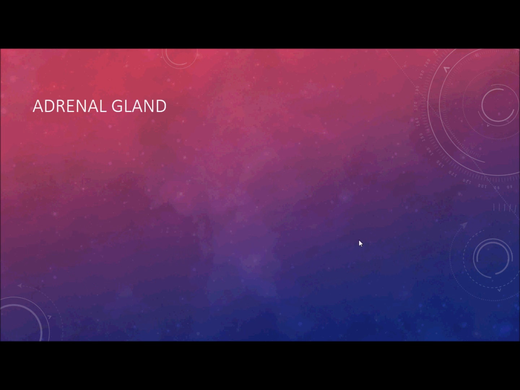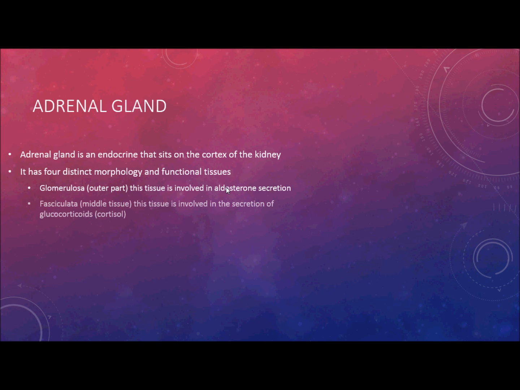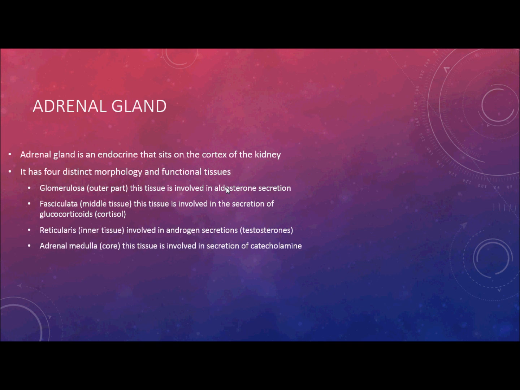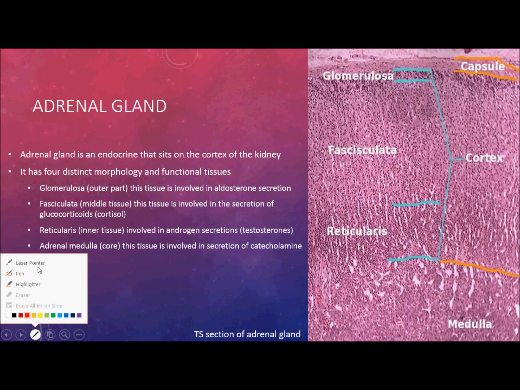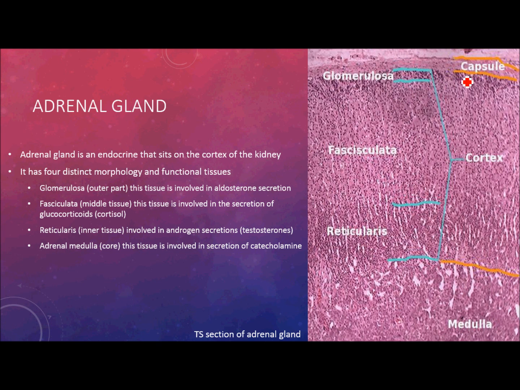Now let's look at our adrenal gland. The adrenal gland is an endocrine gland that sits on top of the kidney. It has 4 distinct morphological and functional tissues. This is a transverse section of the adrenal gland. As we can see, we have the capsule of the adrenal gland, and then we have the glomerulosa, which is the outer part of the tissue, and it's involved in aldosterone secretion.